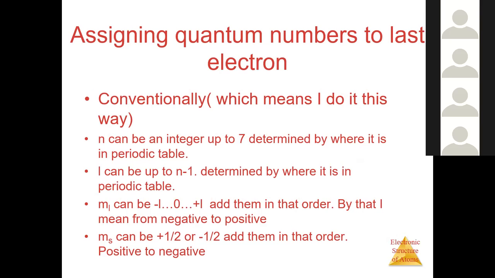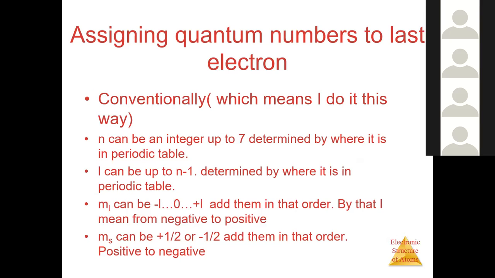My M sub S's can be plus a half or minus a half. The first electron going into a suborbital gets the plus 1/2. The second electron going into that same orbital gets the minus 1/2. Do you understand the rules by which I am having you obey this? Is there any confusion?